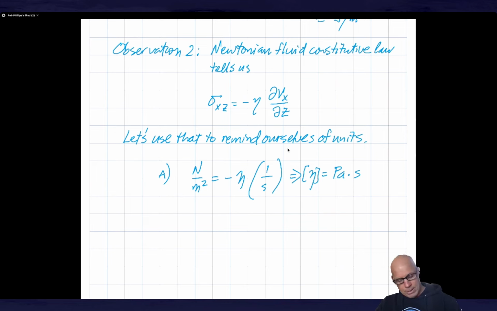So on the left-hand side, sigma has units of newtons per meter squared. And then dv by dx has units of 1 over seconds, right?